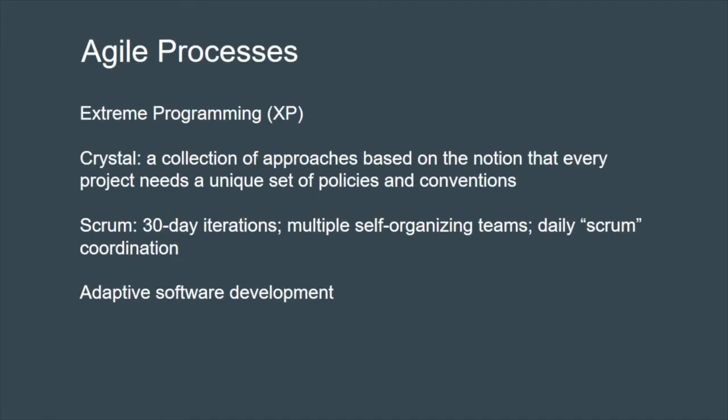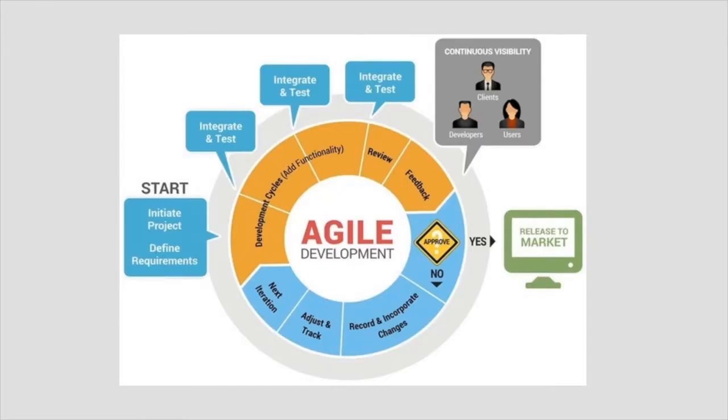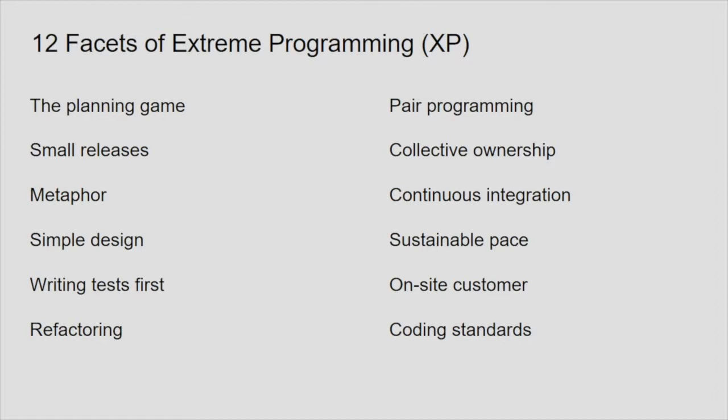Here are the four most classic agile processes. The first one is called extreme programming. The second one, Crystal. The third one, Scrum. The final one, adaptive software development. I want to focus on the first one and the third one. The first one, extreme programming. Here you can see the 12 phases of extreme programming.